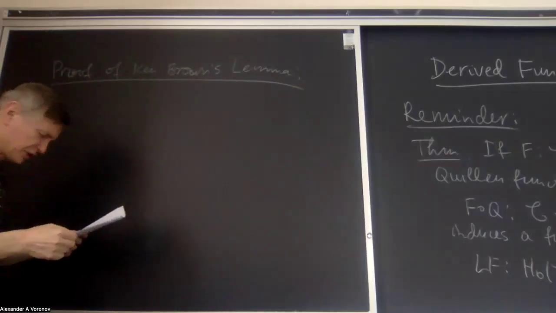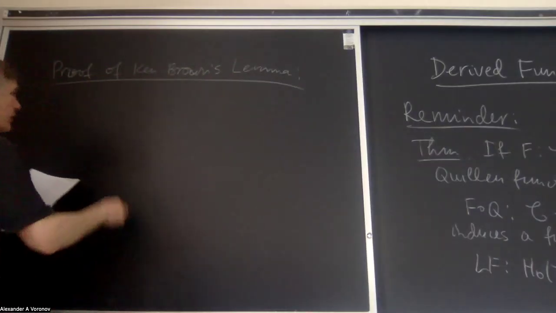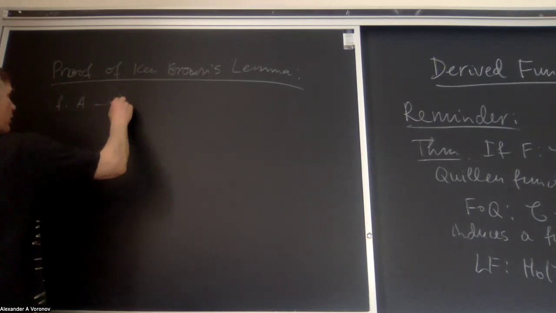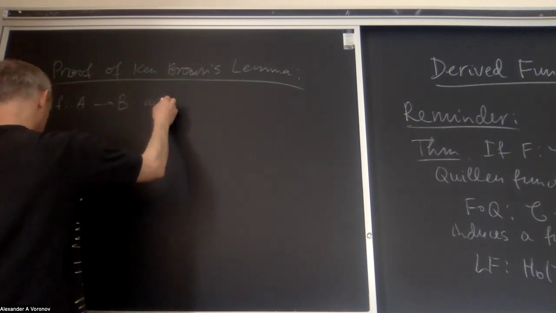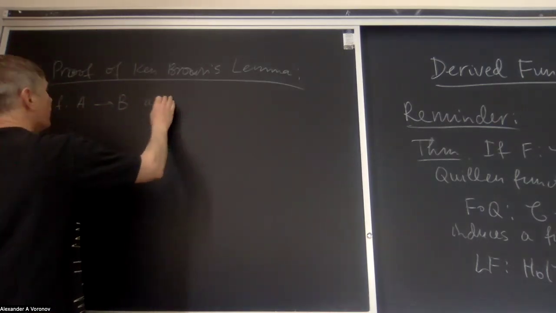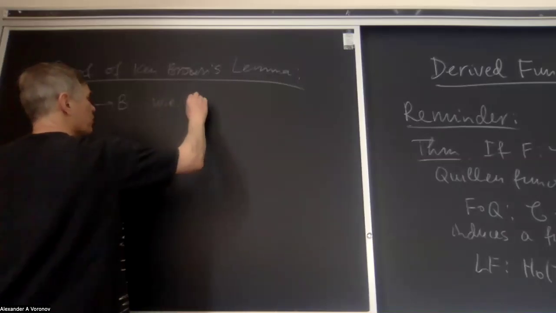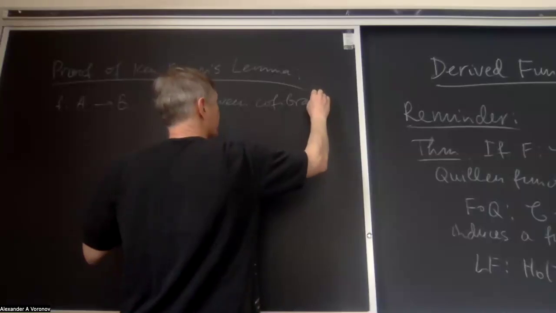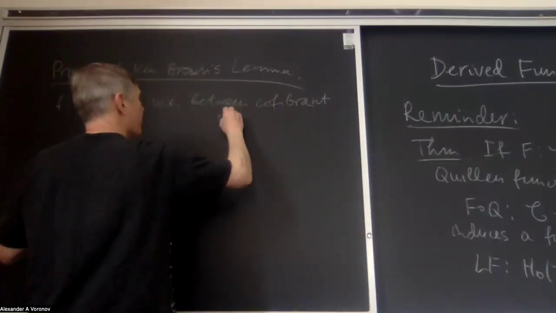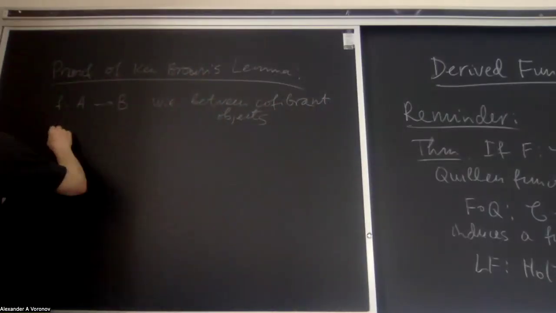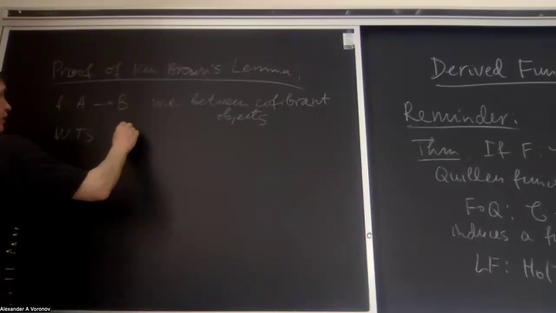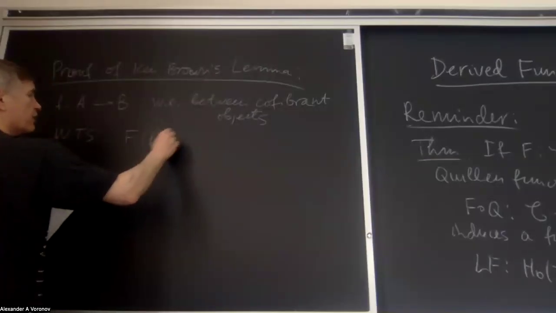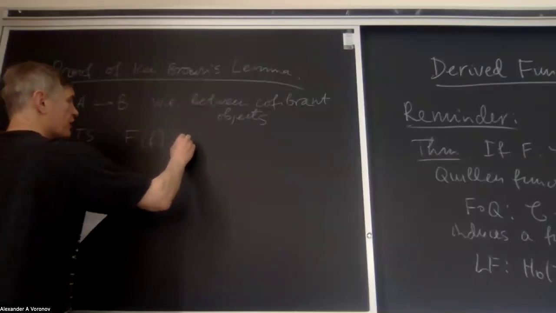So we'll start with, suppose that we have f, an acyclic, a weak equivalence between cofibrant objects A and B, and here's the cofibrant object. What we want to show is that the functor F of little f, big F of little f, is an isomorphism.